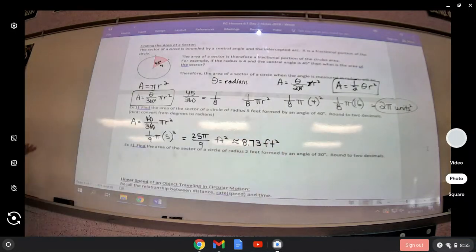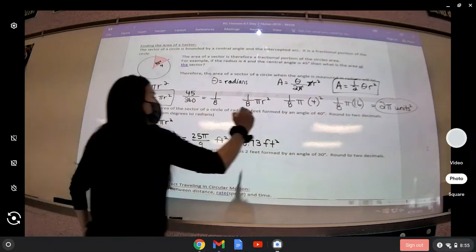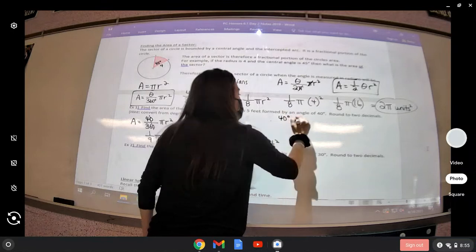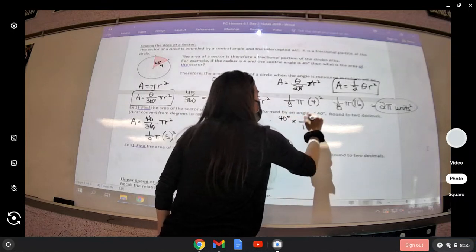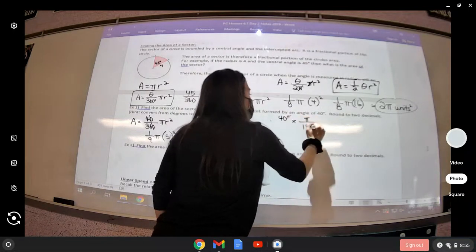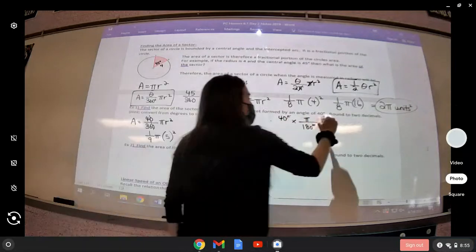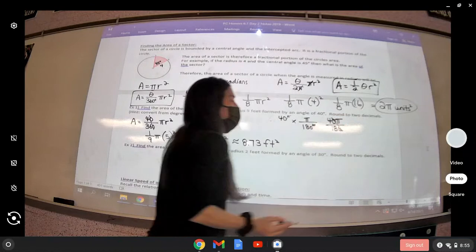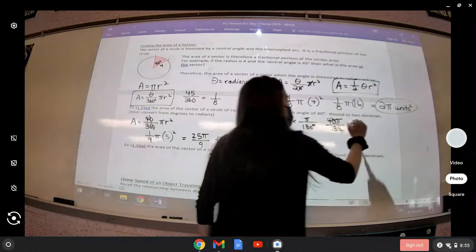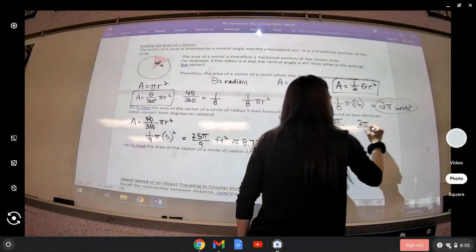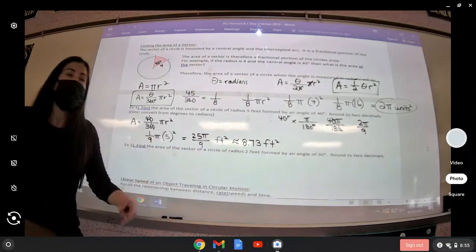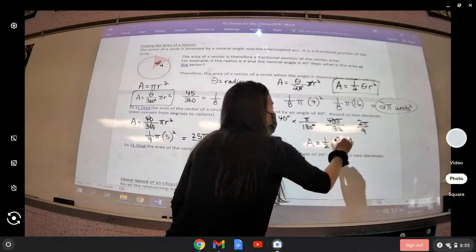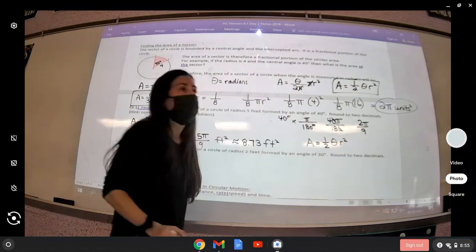All right. So again, just to show you, if you took your 40 degrees and you converted it to radians, you'd get 40 pi over 180, and it becomes 2 pi over 9. So now, in radians, the formula said the area will equal 1/2 theta r squared.